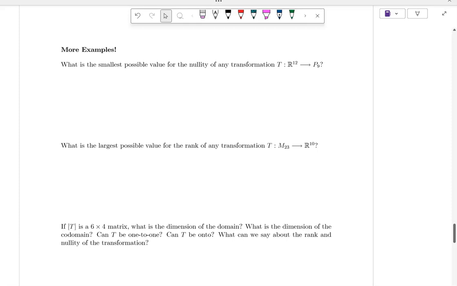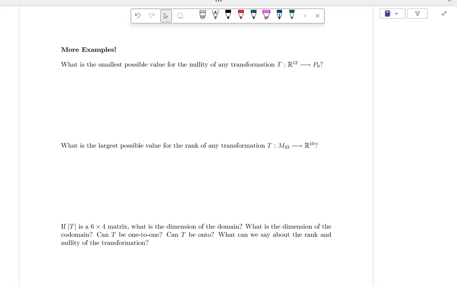So let's ask this. More examples with rank and nullity. What's the dimension of your input space in this case? 12, right? What's the dimension of the output space? 10, okay?